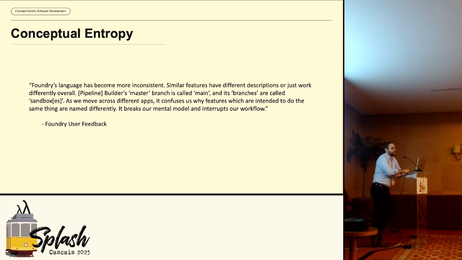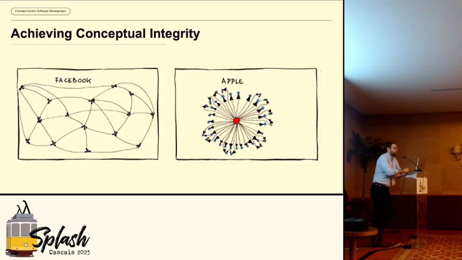So the goal we had in approaching concepts as a first-class development primitive was: could we have an organization structure that was quite decentralized, more like the Facebook graph on the left, but with a set of systems that looked more like the canonical Apple highly integrated system on the right, but without Steve Jobs in the middle?